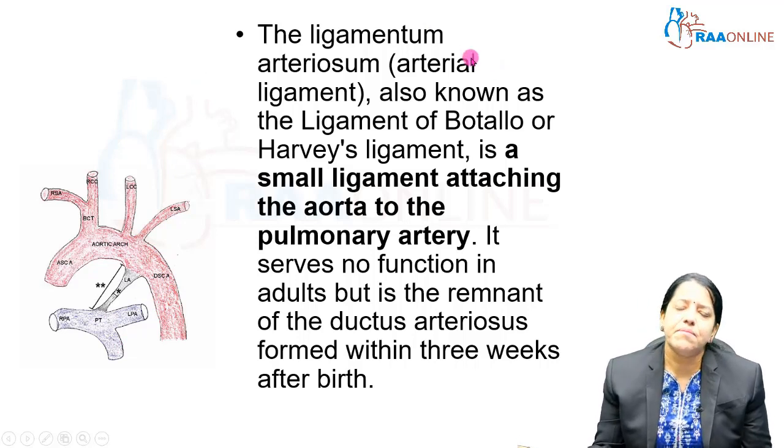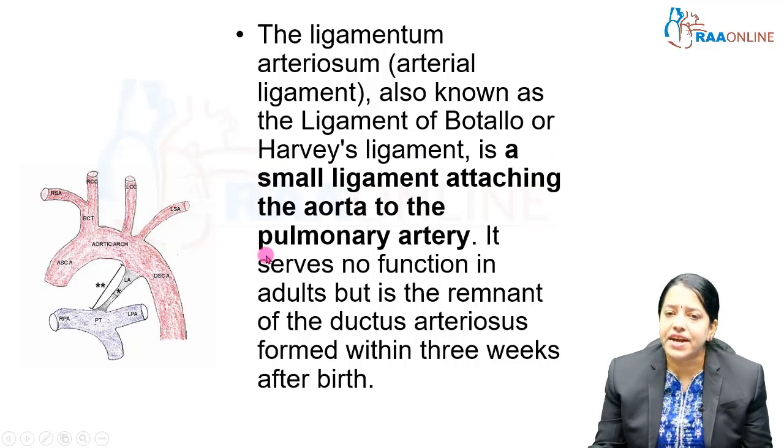It is also known as the ligament of Botallo or Harvey's ligament. It is a small ligament which attaches the aorta to the pulmonary trunk.